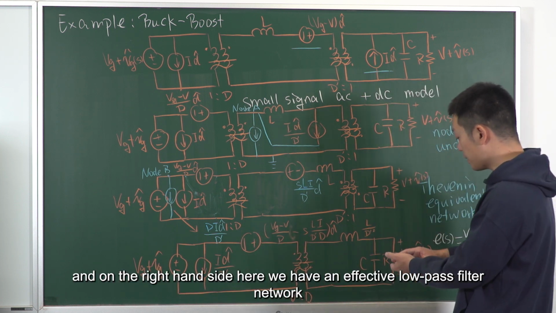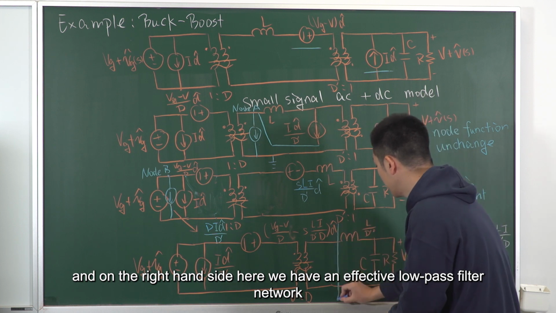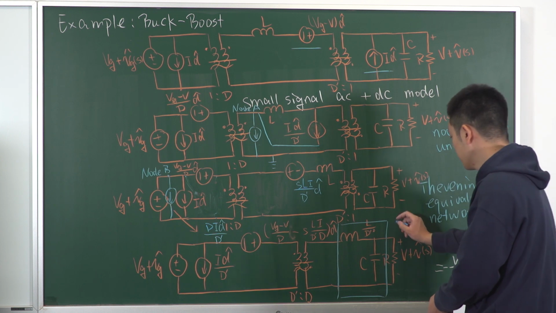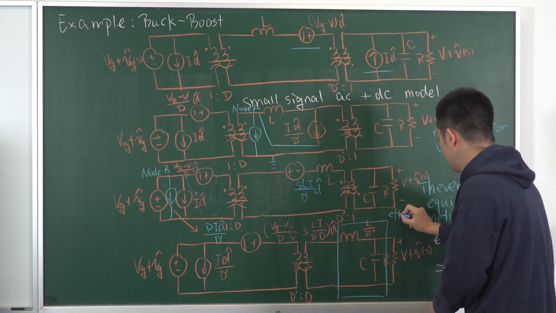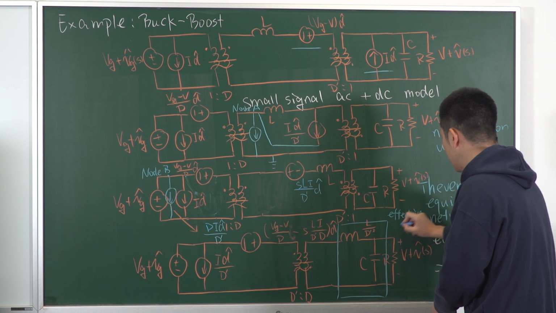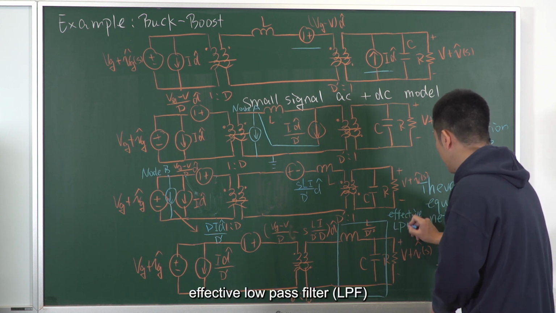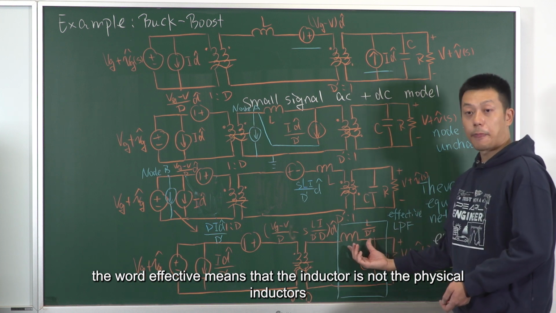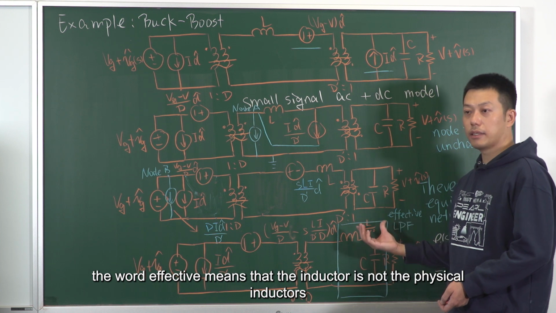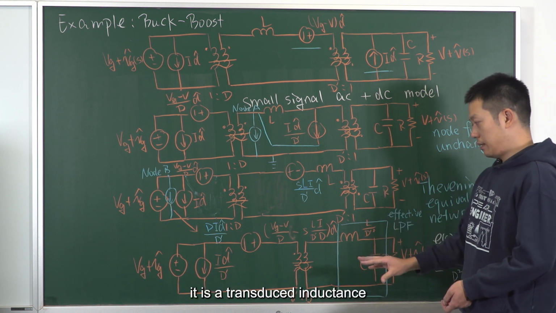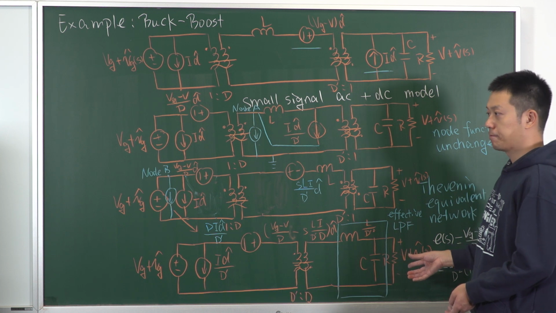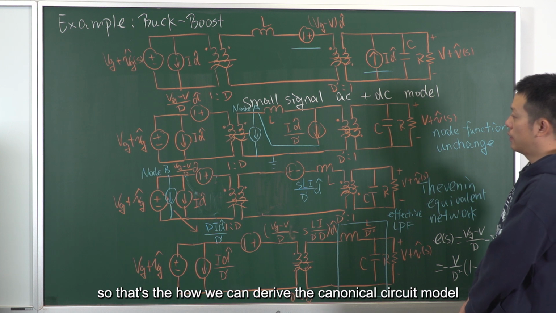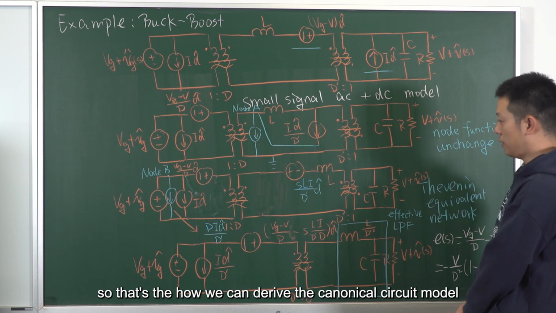And on the right-hand side here, we have an effective low-pass filter network. Effective low-pass filter. The word effective means that the inductor is not the physical inductance. It is a transduced inductance. Okay, so that's how we can derive the canonical circuit model.